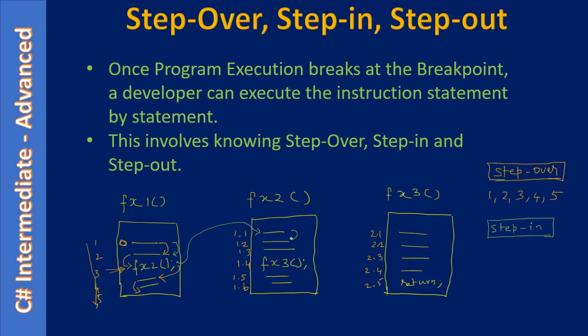Then execution continues. Step in again, and it goes to the next function call. After that, we will return here, then execute these two lines, then return here, then from here reach the next line, and execute this line.